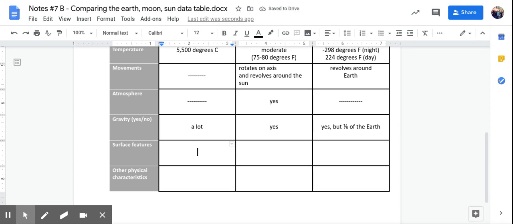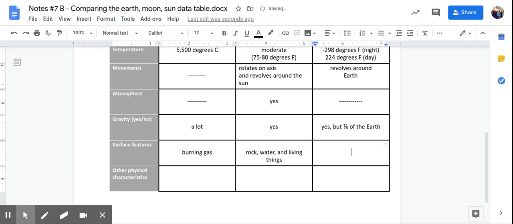Surface features. If you were to walk amongst the sun, first of all, you would burn up. But if by some miracle you could do that, you would see that the sun is composed of burning gas. It's not necessarily solid. Kind of think of it like a big ball of flames, composed of burning gas. The Earth, however, does have a solid surface composed of rock, water, and living things.